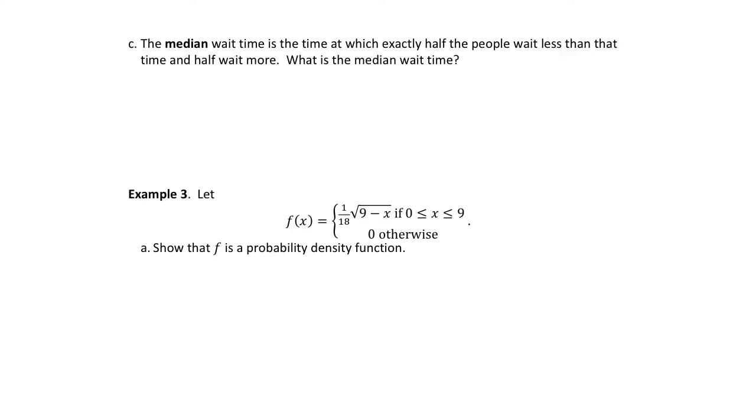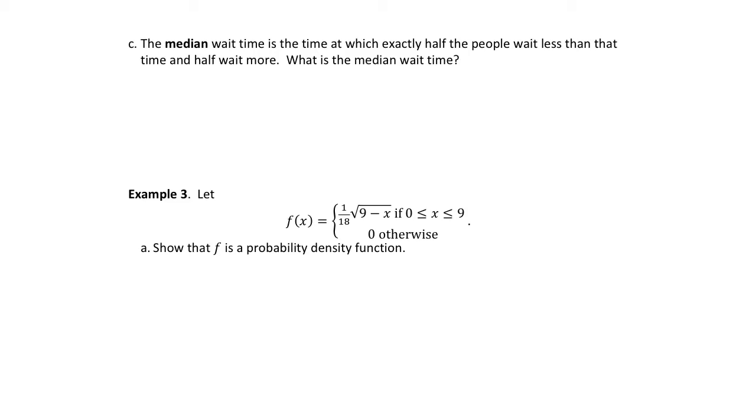When you take a collection of scores and line them up, the score in the middle is what's known as the median score. The median will be the place where half of the scores are less than that and half of the scores are greater than that.